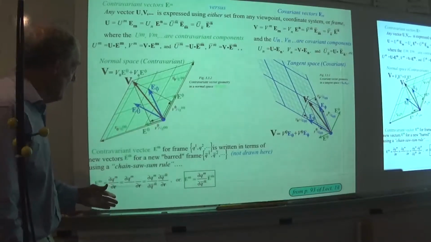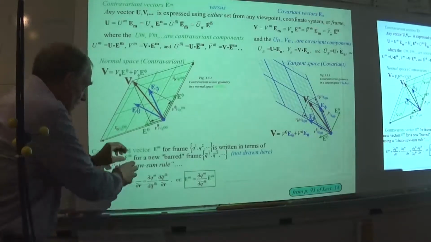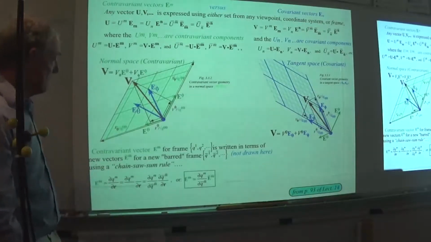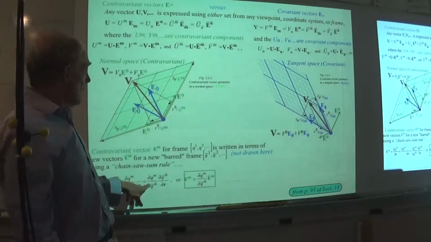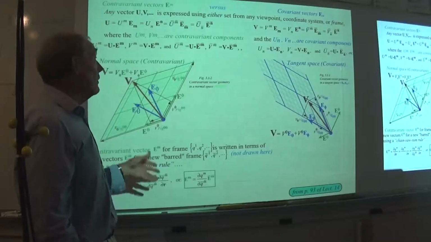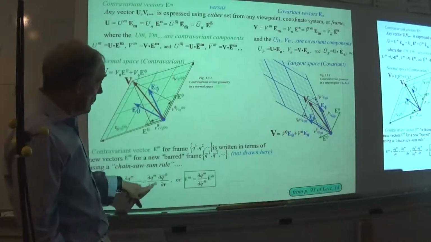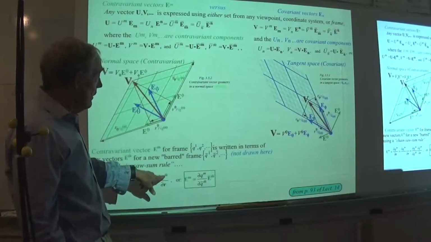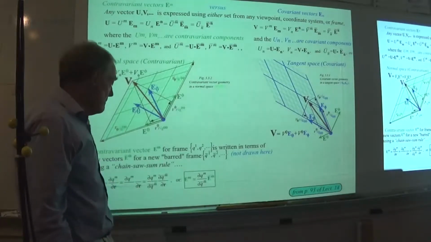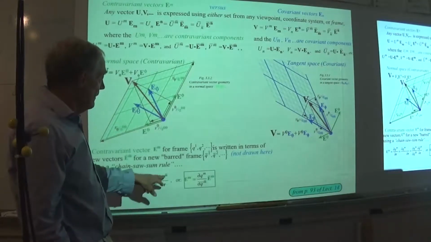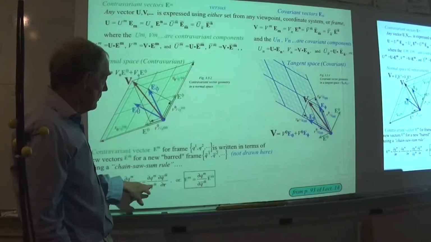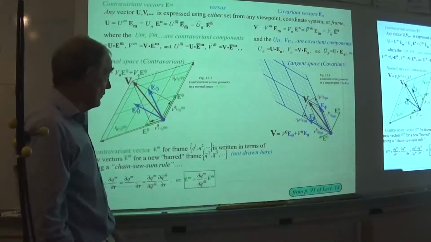So you chainsaw this thing and slide the two apart. Then you do whatever you want to put here. I want to go to the barred coordinate system, so I would put in the partial of the Q bar, M bar, twice. Just put it in there, and it's a sum over those.